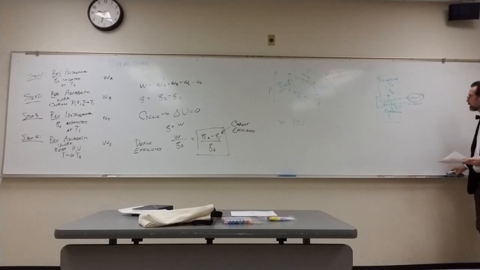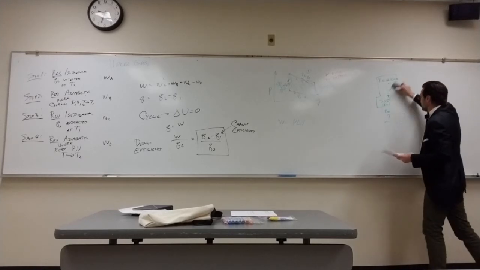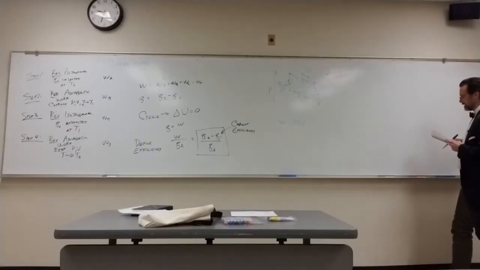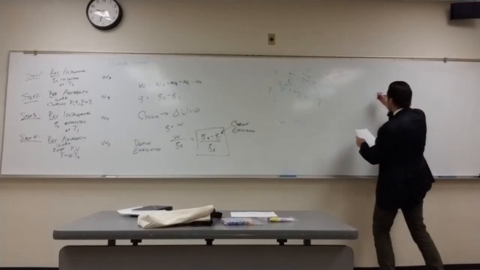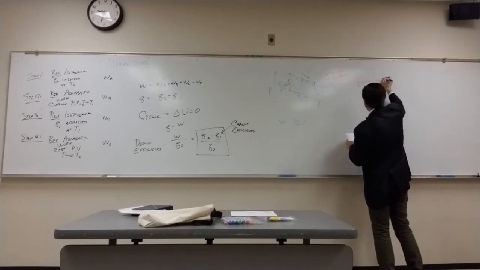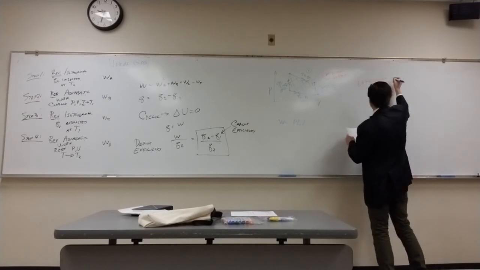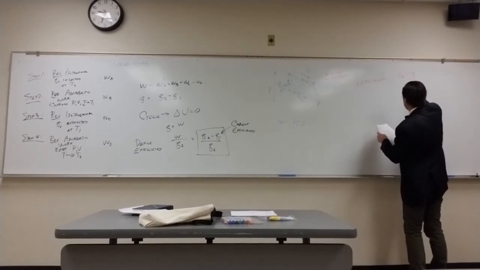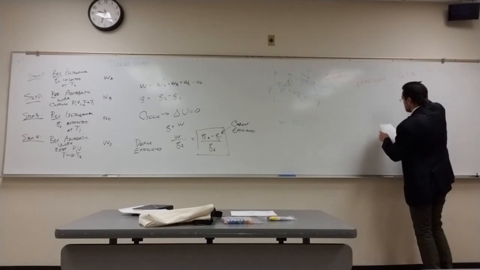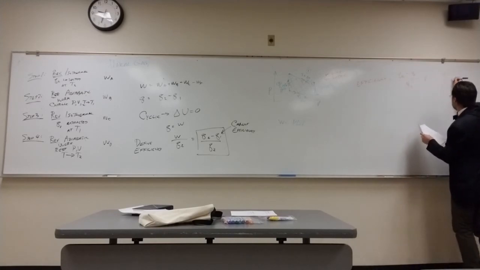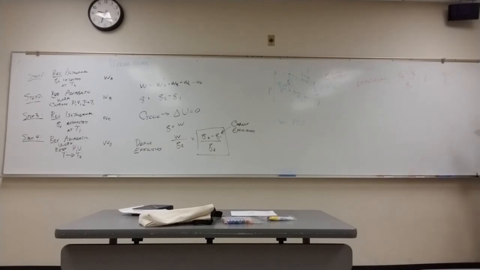Okay, so let's talk, erase this. Some of the implications of this. One of the other implications is that our efficiency is defined Q2 minus Q1 over Q2, and that's equal to 1 minus Q1 over Q2.